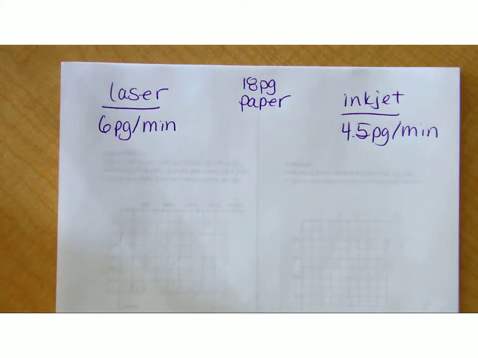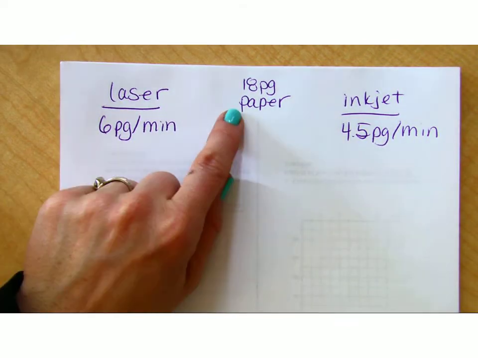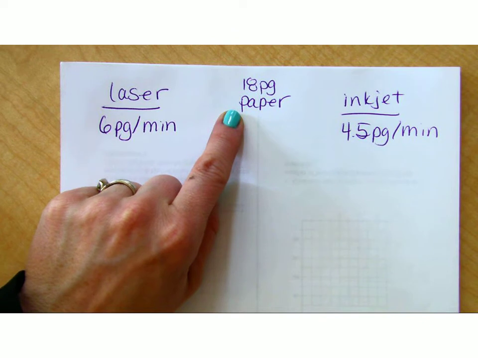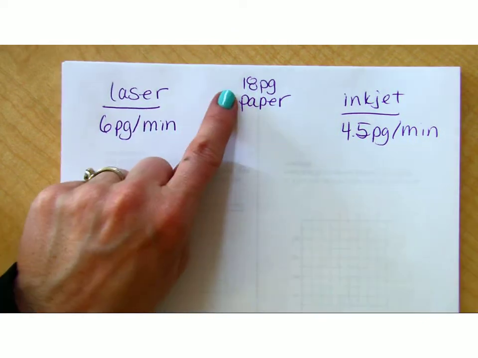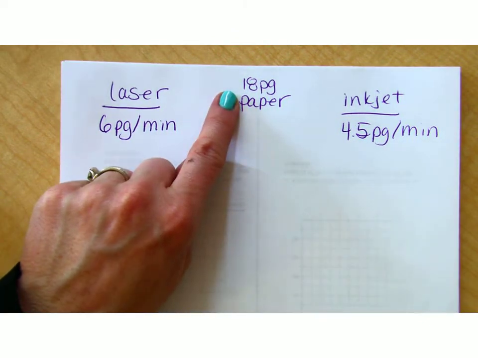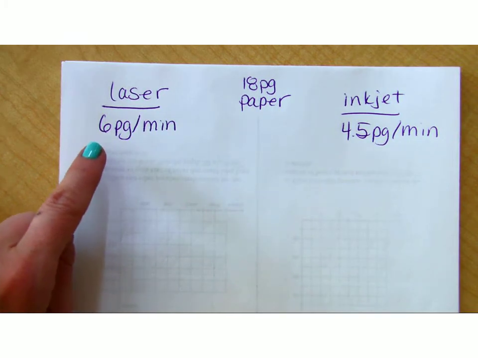Okay. You have all the information you need to walk through that same process as we did before. Instead of starting at 28 feet vertical distance, how many pages do I have left to print? 18. What is that page total decreasing by for a laser? 6. And it's decreasing, right?